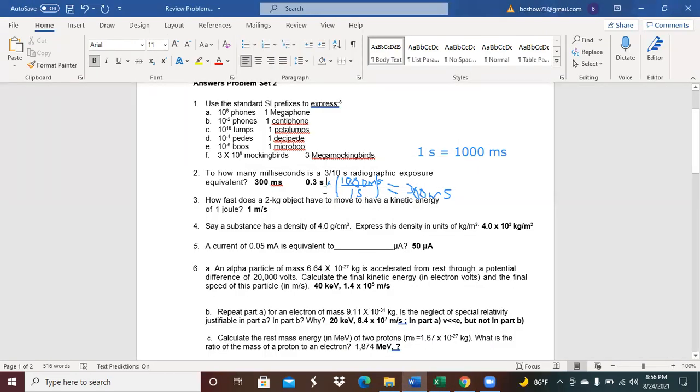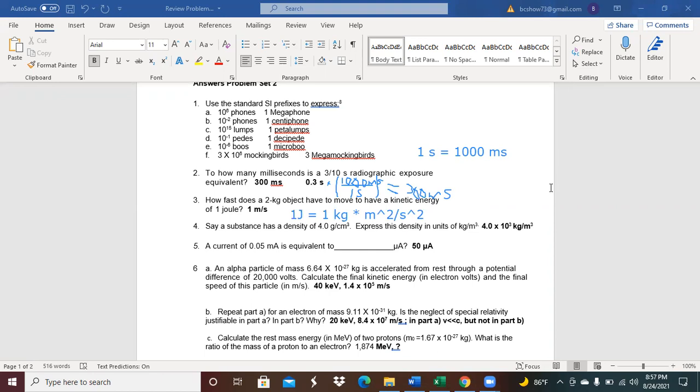So something I want to remind you of is that 1 joule is, of course, a measure of energy, but it is also equal to, I guess I'm going to have to pull that back up, 1 joule is the same as 1 meter squared per second squared.